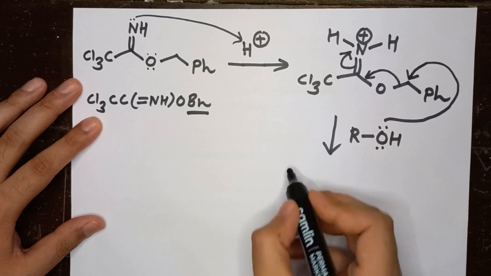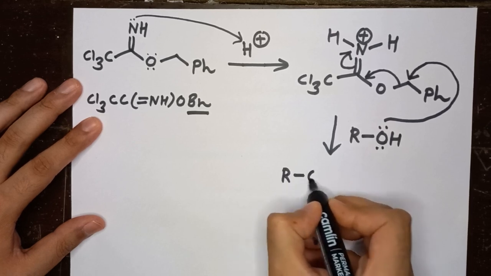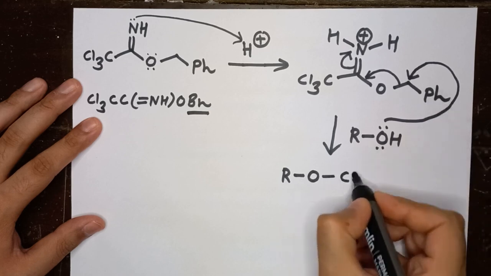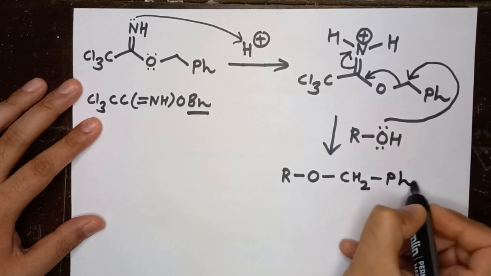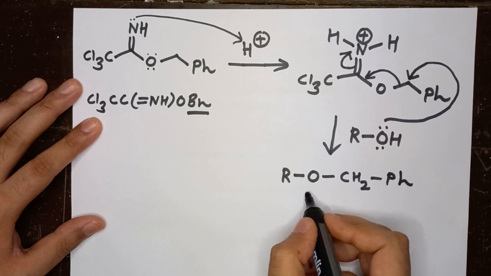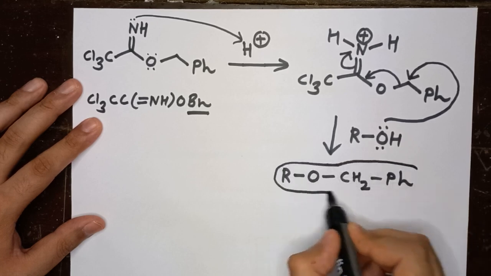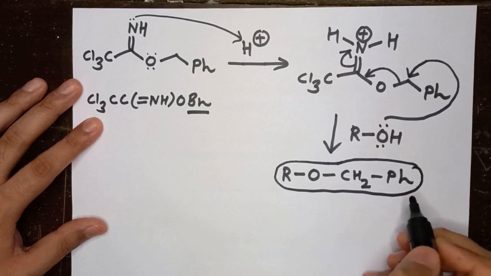So you have formed ROCH2Ph. So we just protected the alcohol with a benzyl ether group. Okay, so this is the main product.